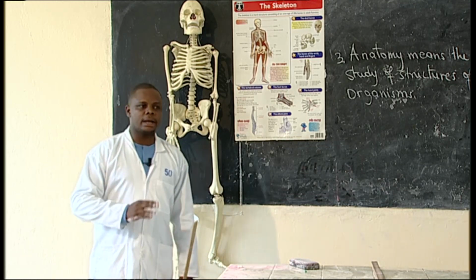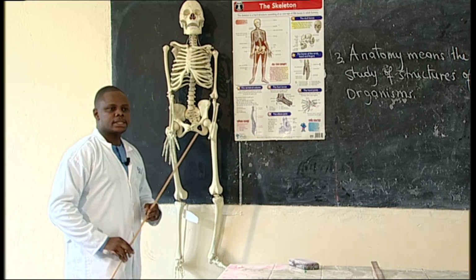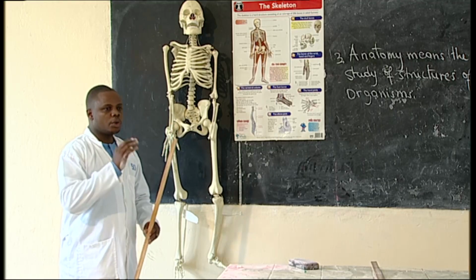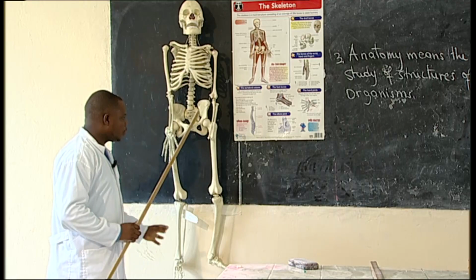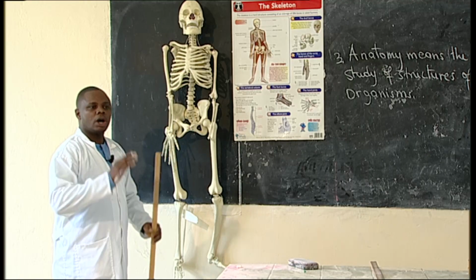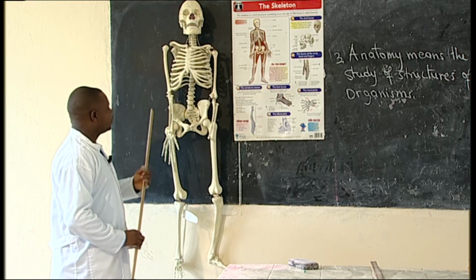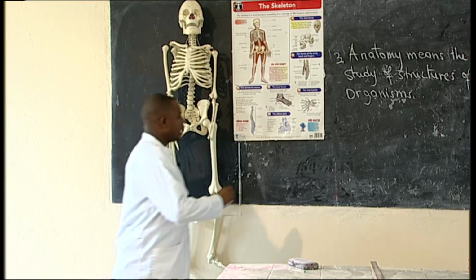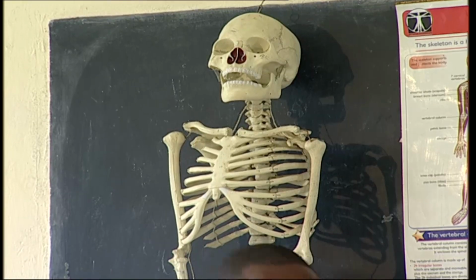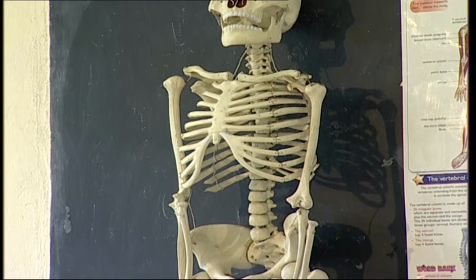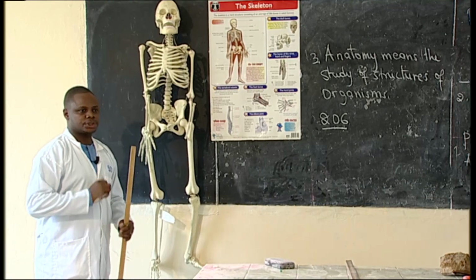Those are some of the bones that make this human skeleton. So when we are talking about anatomy, that means we need to know the structures of organisms. When you see this human skeleton, it has about 206 bones. So those bones make the structure of the human skeleton.